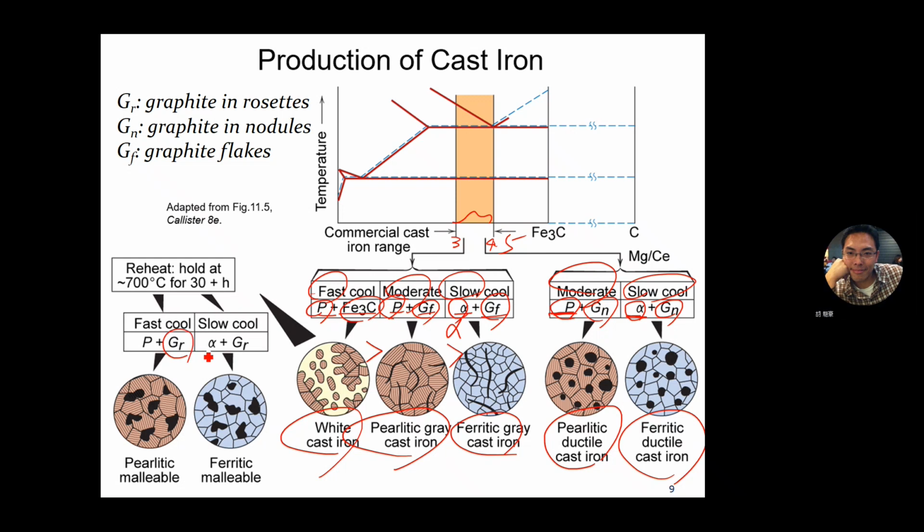And for the slow cooling rate, the pearlite structure will transform to alpha ferrite. Remember that the pearlite structure is the layer structure, or we can say the lamellar structure can transform to alpha ferrite.